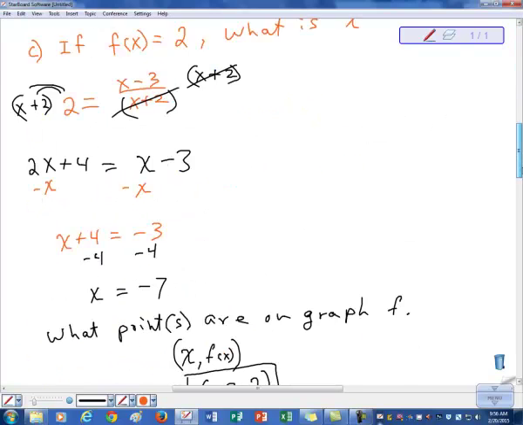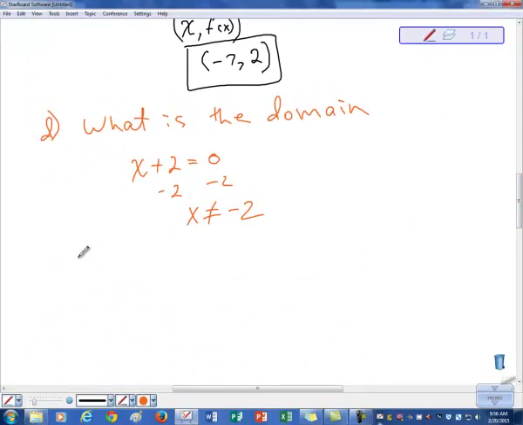Alright, so on our number line, we can do anything but negative 2. We're going to negative infinity this way and positive infinity the other way.